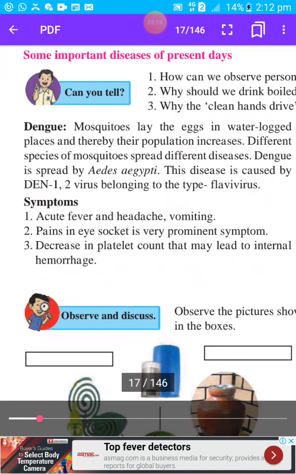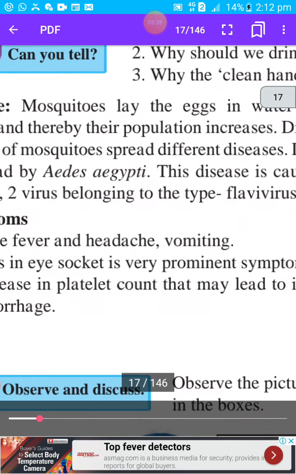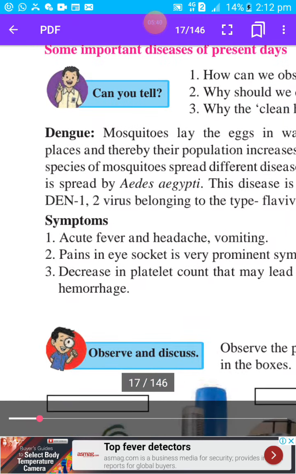Dengue is spread by Aedes aegypti. So this disease dengue is spread by a mosquito called Aedes aegypti. This disease is caused by the Den12 virus belonging to the type flavivirus. Okay, so actually this is a viral disease, means it is caused by a virus. What is the name of that virus?